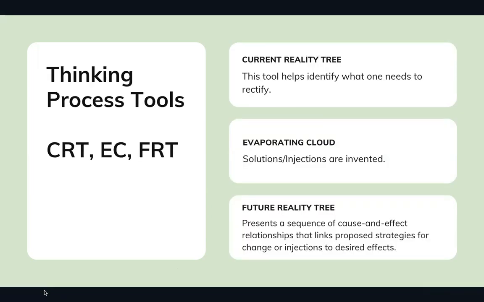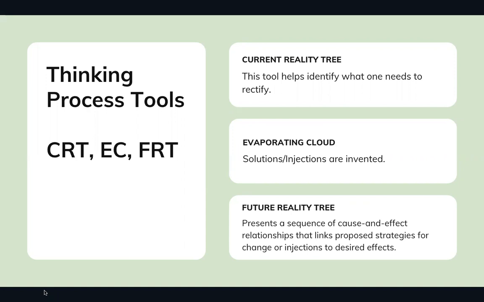As previously mentioned, the theory of constraints is a process of identifying factors that hinder an entity in achieving its goals and improving them so they can no longer cause hindrances. There are different thinking process tools used, and one of which is the future reality tree. But before a future reality tree is designed, a current reality tree is constructed.